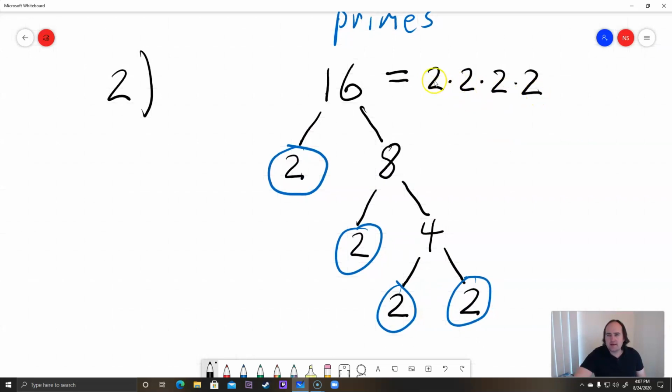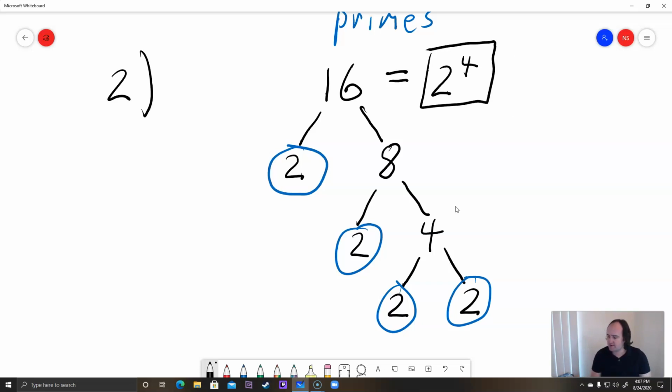So rewritten as an exponent, we have a total of 1, 2, 3, 4 2's. So we're going to write this as 2 to the 4th power. Okay. So we have 16 equals 2 to the 4th power, and that's our prime factorization.